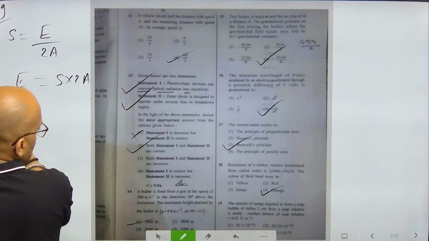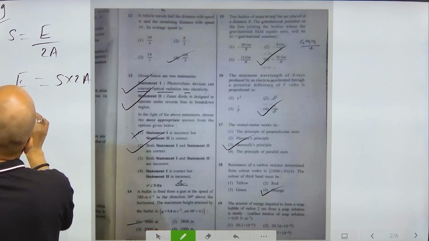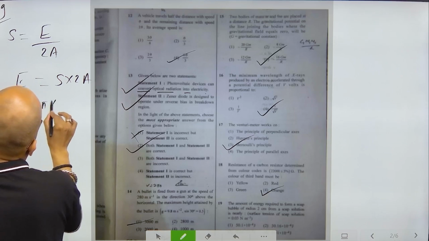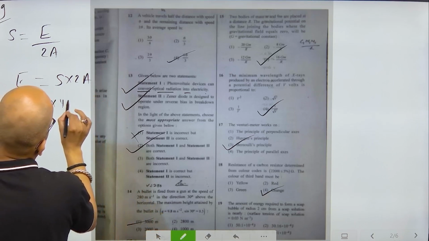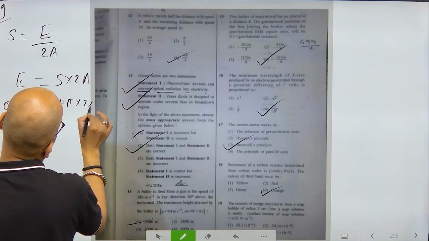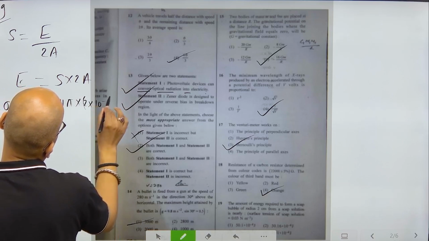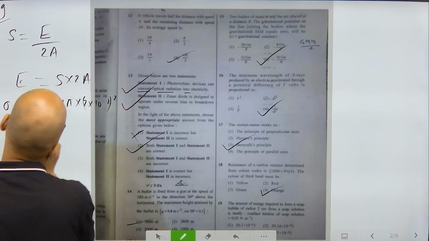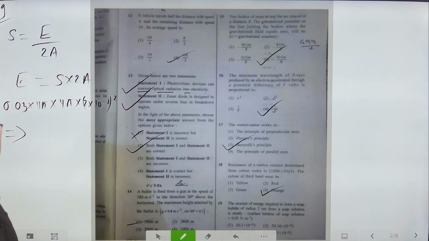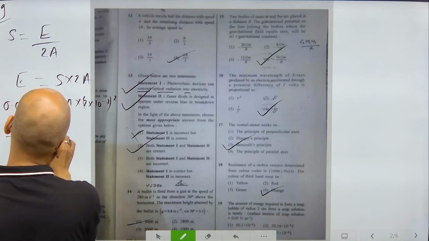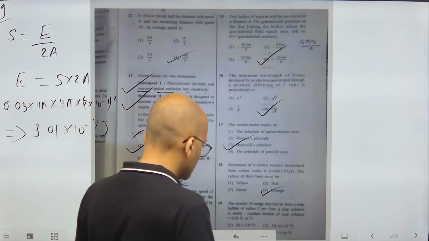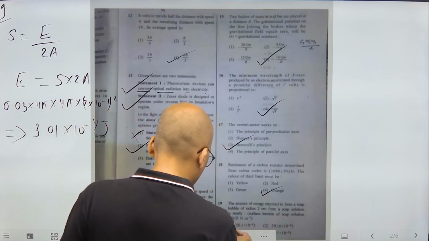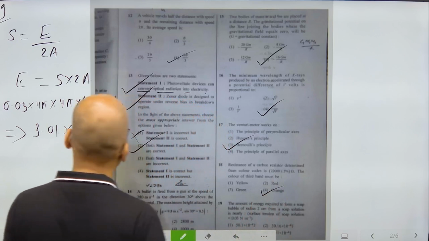So E is 0.03 into 2 into 4 pi into r square. R is 2 centimeter, 4 pi into (2 into 10 to the power minus 2) square. On solving, you will get 3.01 into 10 to the power minus 4 joule. So option C. Okay, that's your answer.